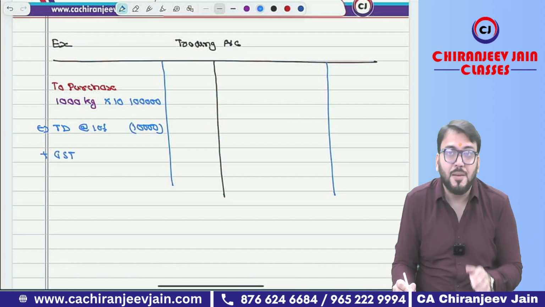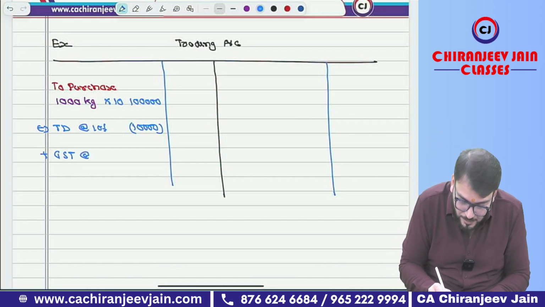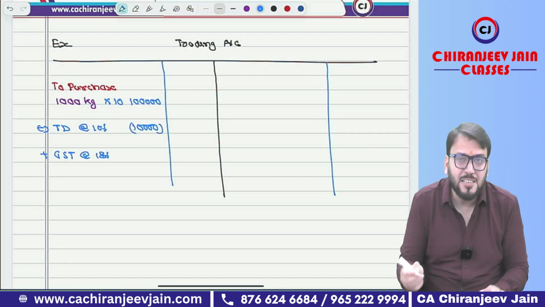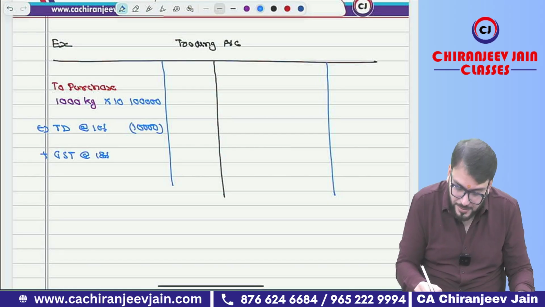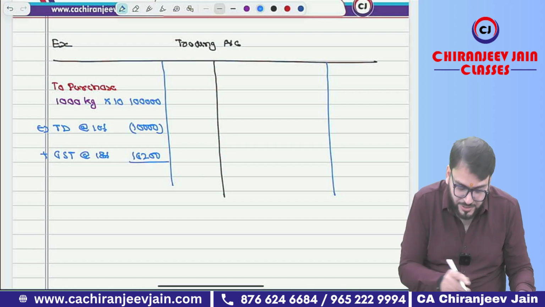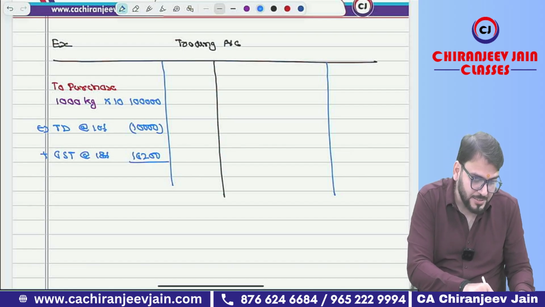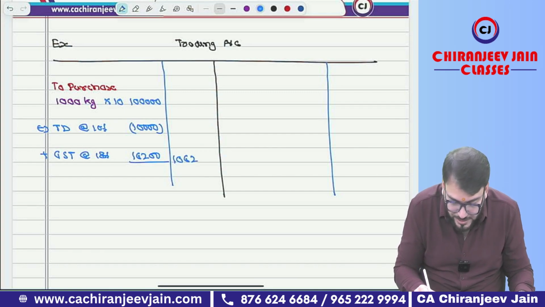And suppose GST credit is not available, so you'll add it. So add 18%. Suppose 18%. So 90,000 into 18% is equal to 16,200. Correct? So 1 lakh minus 10,000 plus 16,200, it is 1 lakh 6,200.